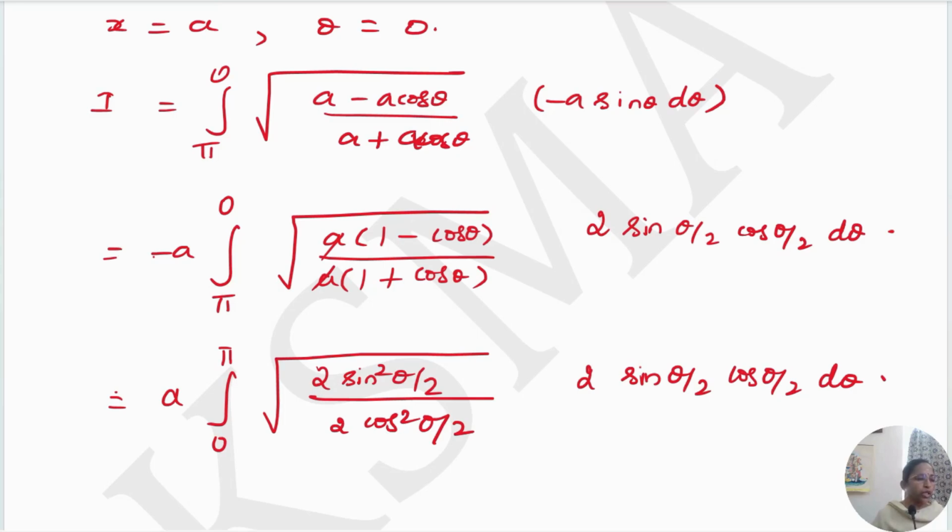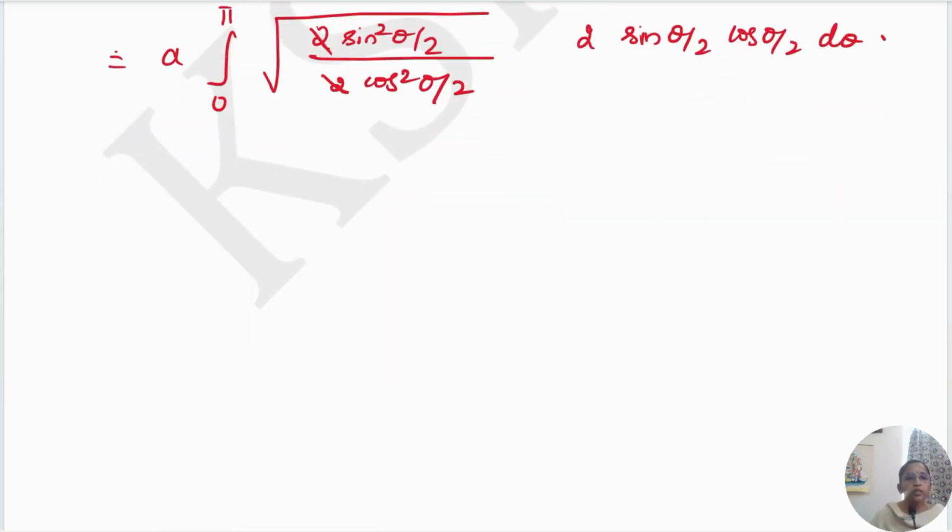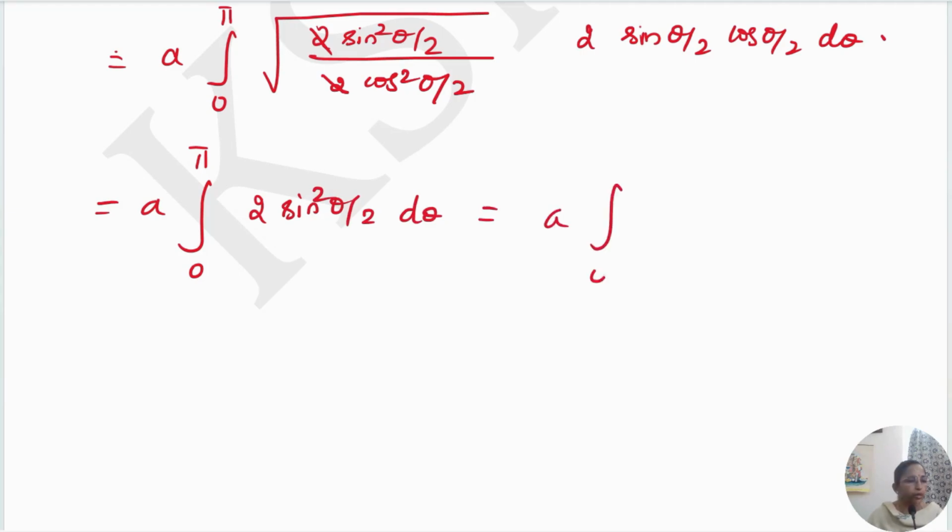So now here the 2 will get cancelled, and then taking out of the root, this is sin theta by 2. Here we are having 1 sin theta by 2. So that is a into integration 0 to pi. Left out items are 2 sin square theta by 2 d theta. Now this can be written as 1 minus cos theta d theta.